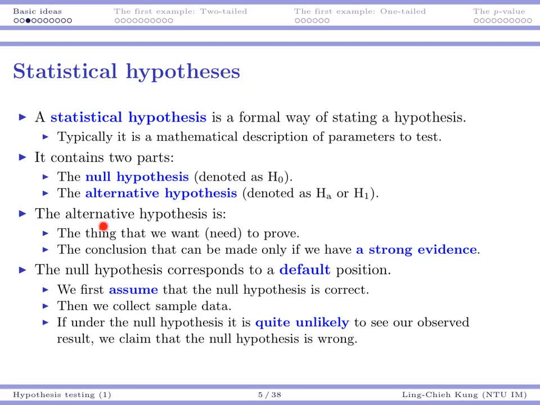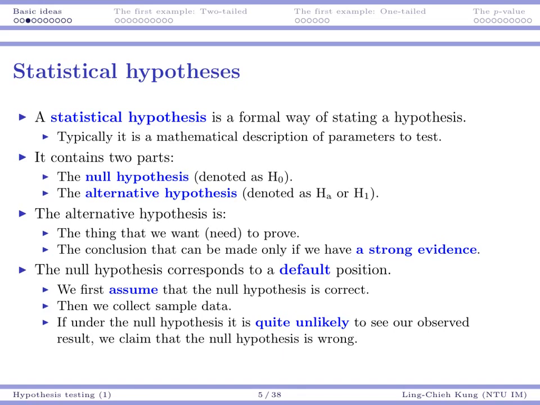There is one thing called the alternative hypothesis, which is the thing that we want or we need to prove. Or to say it in another way, this would be a statement that we're going to claim only when we have very strong evidence of that.